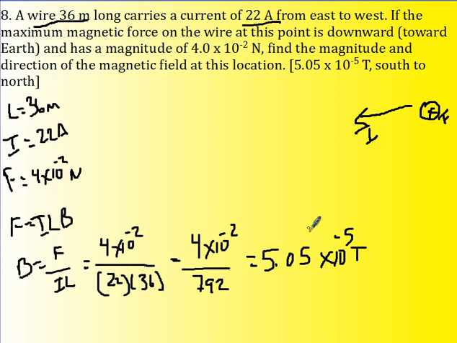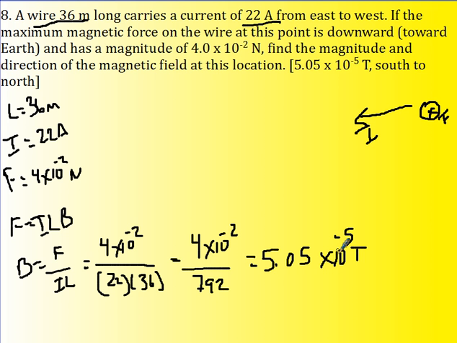Now, let's find the direction. Put your thumb in the direction of the current, which is going west, to the left of your page. The force, which is your palm, is into the page. Is that right? Let me check. It goes from east to west.